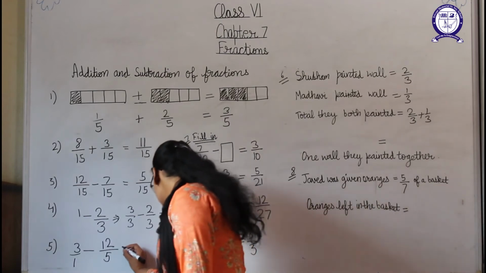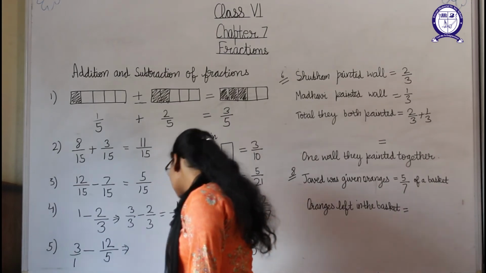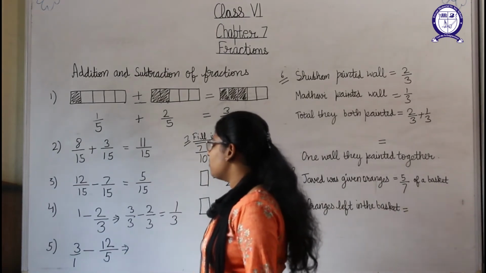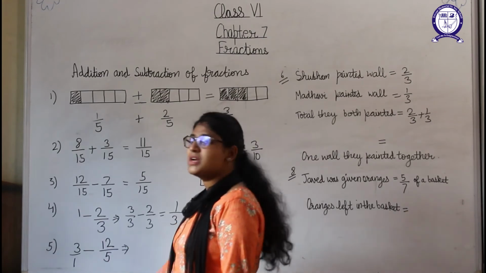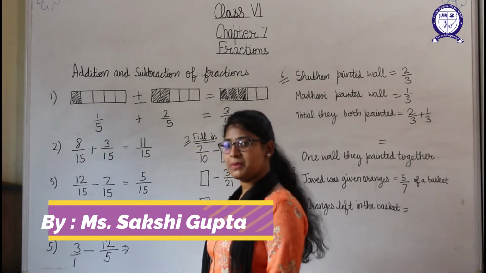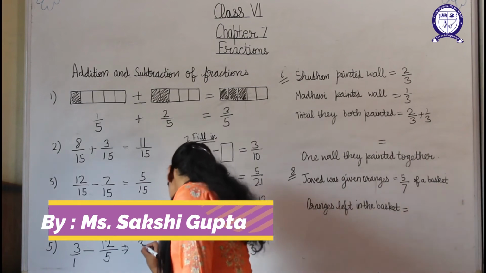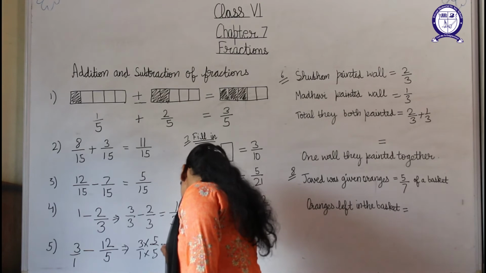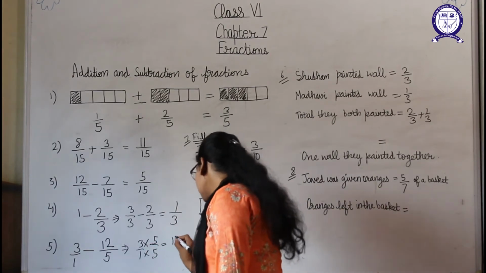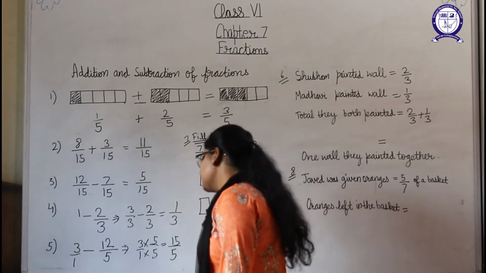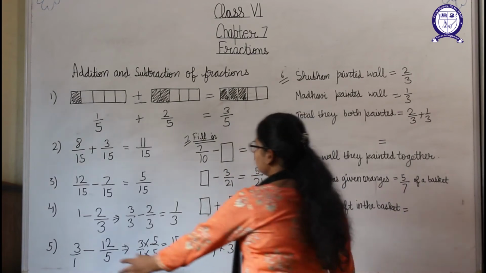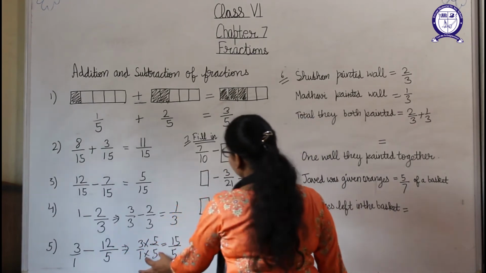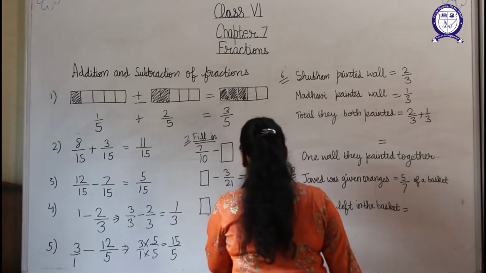Now what we will do is make 3 by 1 into a form where the fraction's denominator is 5. We can easily multiply it by 5 by 5. So 3 by 1 multiplied by 5 by 5 gives us 3 fives are 15, and 5 ones are 5. So this part gives us 15 by 5.